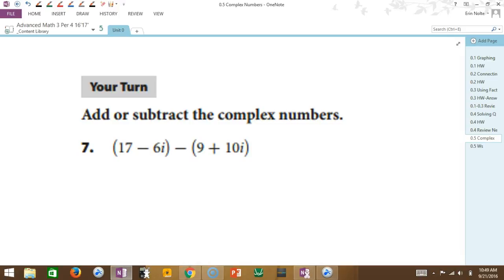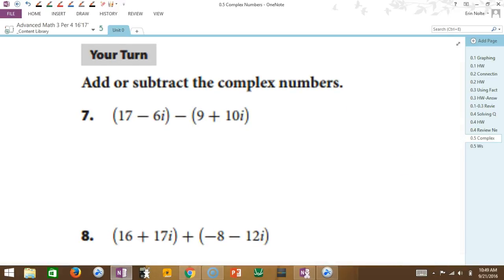How many reals do I end up with? What is 17 minus 9? It's 8. So I end up with 8 as my real. What is my imaginary value? 4i? Negative 4? No. Negative 16?